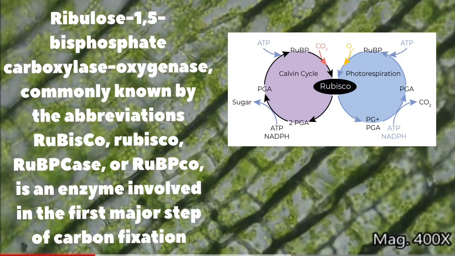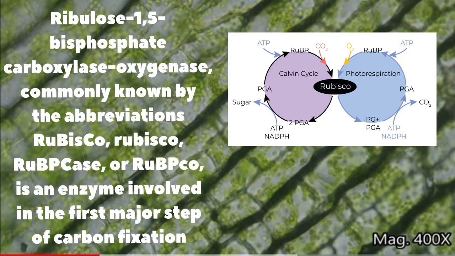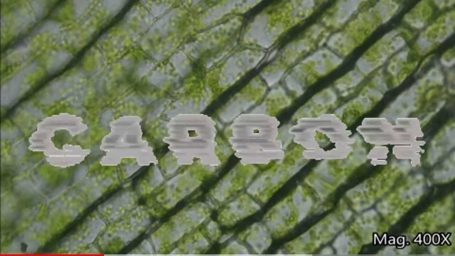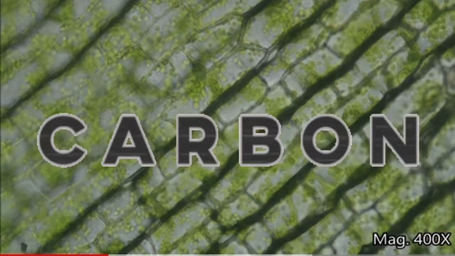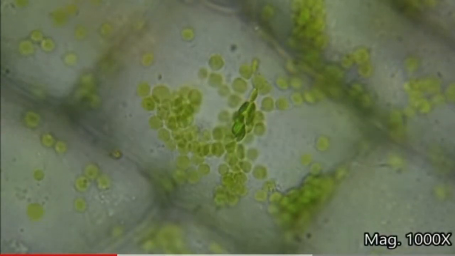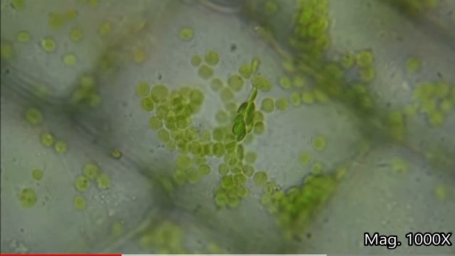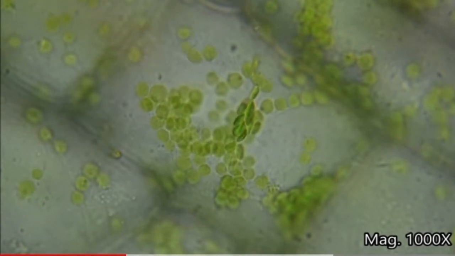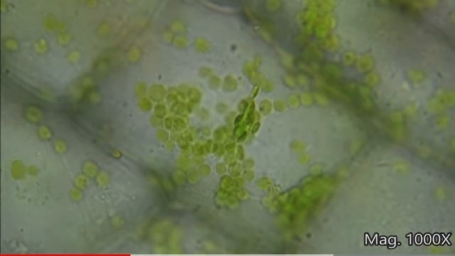or RuBP, which creates a 6-carbon molecule, which is then immediately split into 2 molecules called PGA. Okay, 3-phosphoglycerate. I'm sorry.